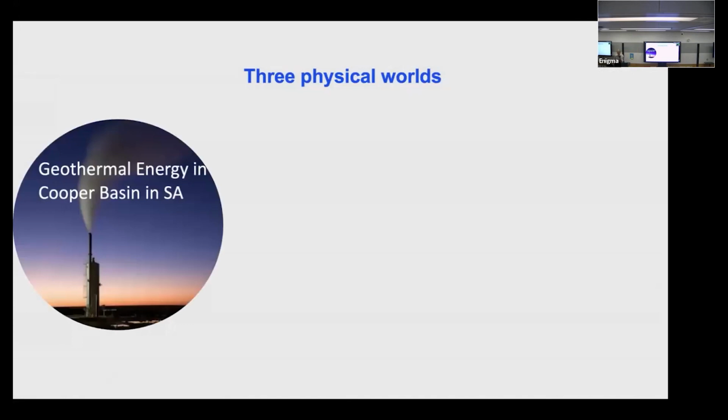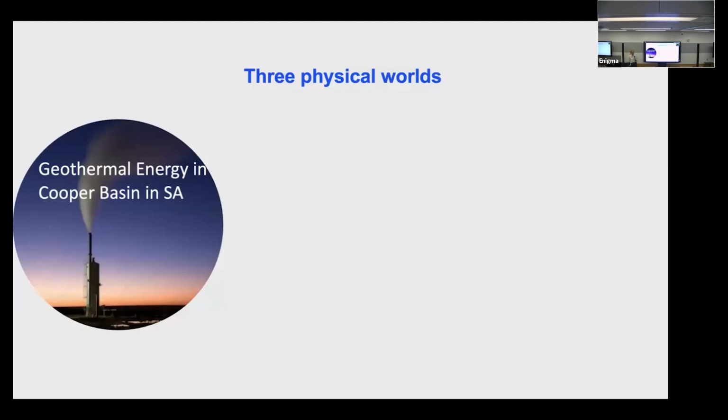The first one is about finding geothermal energy in South Australia. I'm sure everybody here is well aware of the issue around having a clean energy resource. Geothermal energy is one such source, and we can make use of it when there are outcrops of hot granite, which typically live about 3 to 5 kilometres below the surface, so a long way down, not a lot of observations there.